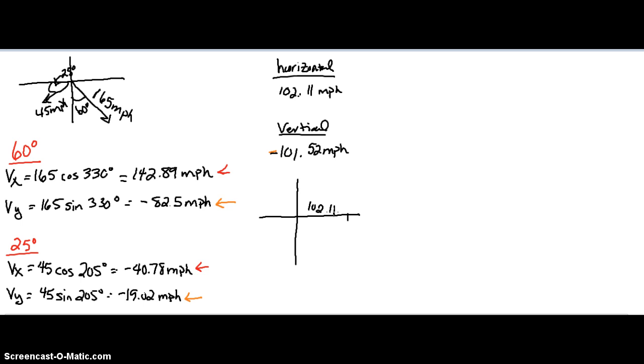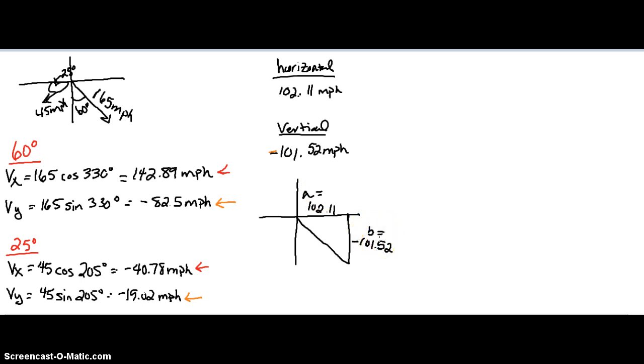And then, of course, we're going to go down to negative 101.52. So we've got a triangle that's going to end up looking like this. We'll call this A and this B.